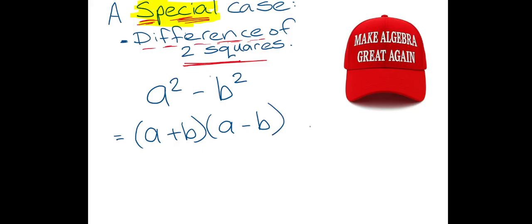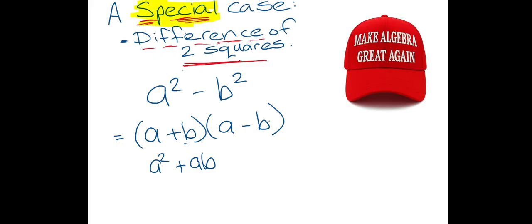That's it. So the first bracket is always a plus b, and the second one is always a minus b. Let's expand it just to see that I'm not talking rubbish. A times a is a squared. B times a is ab.